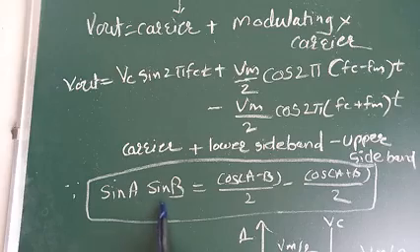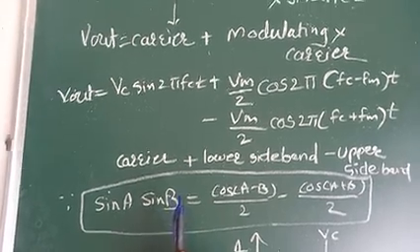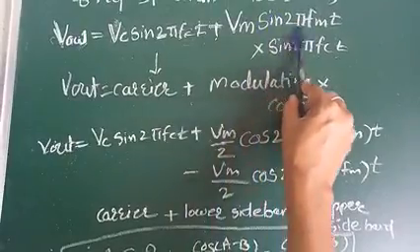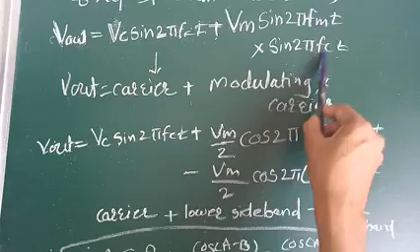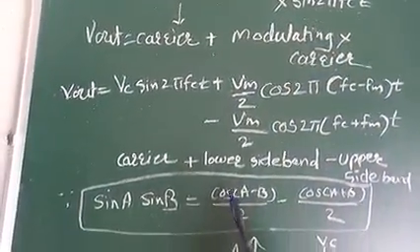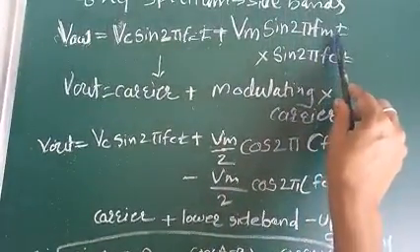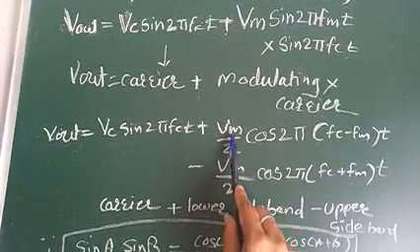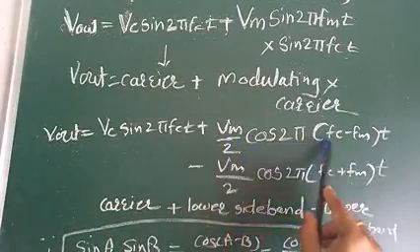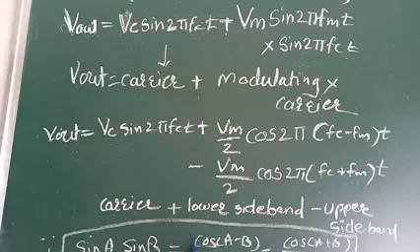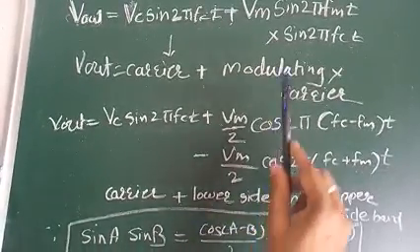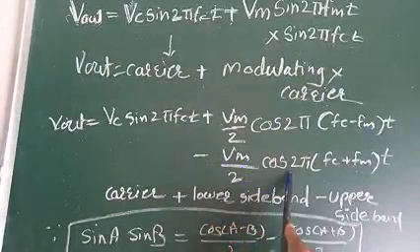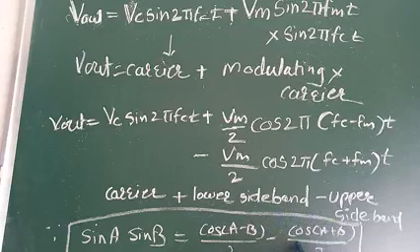I am going to apply this identity to our equation, Vm sine 2 pi fmt into sine 2 pi fct. By using the trigonometric identity, this equation can be converted like this: Vm by 2 into cos of 2 pi (fc minus fm)t, like cos of A minus B, minus Vm by 2 cos of 2 pi (fc plus fm)t, that is the second term, cos of A plus B divided by 2.